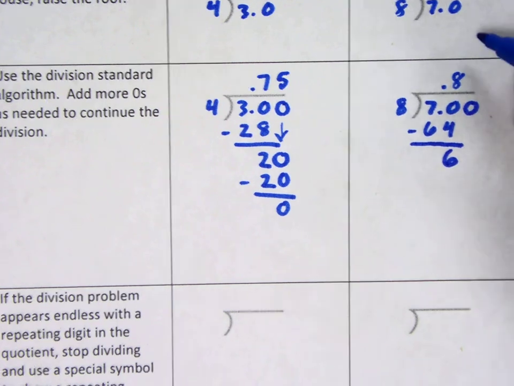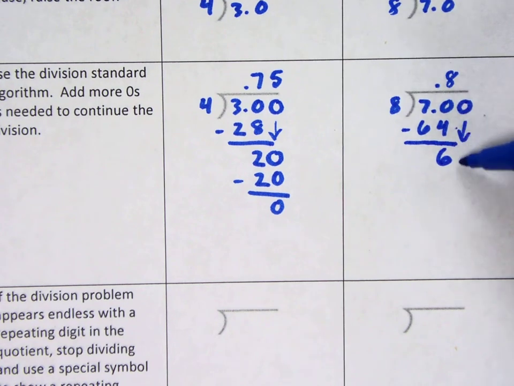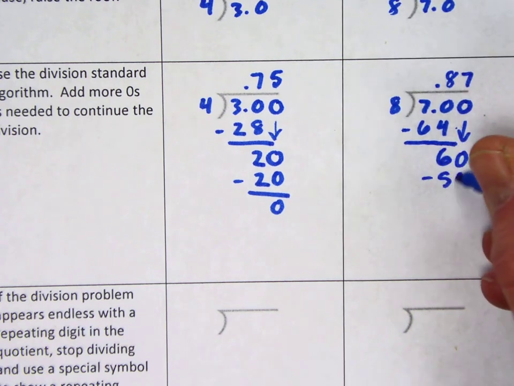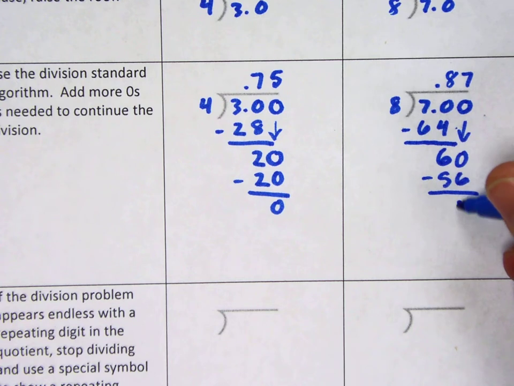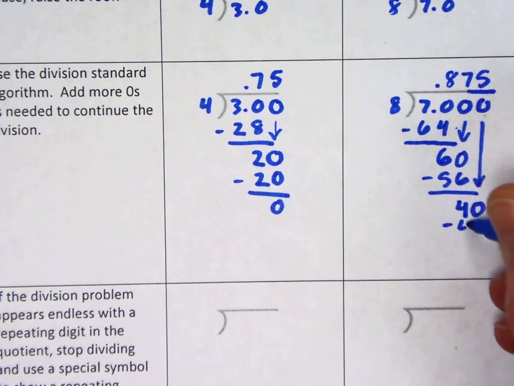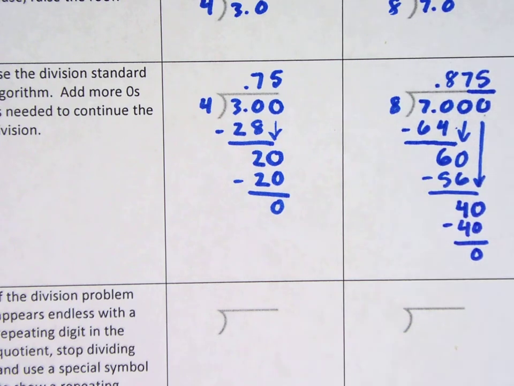So let's stick another 0 on there, and I drop that down, and I get 60. 8 goes into 60 7 times, that's 56, and then I end up with a 4. I can put another 0 on, and extend my line, trying to keep everything nice and straight and neat. I have 40, and 8 can be subtracted from 40 5 times, and there it is. So the answer up here is 0.875.